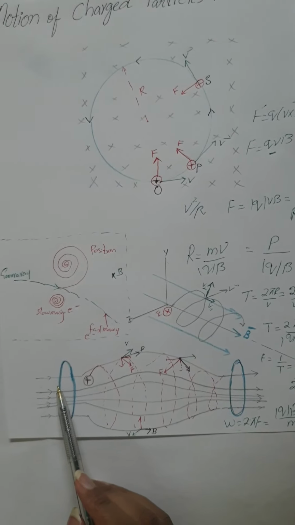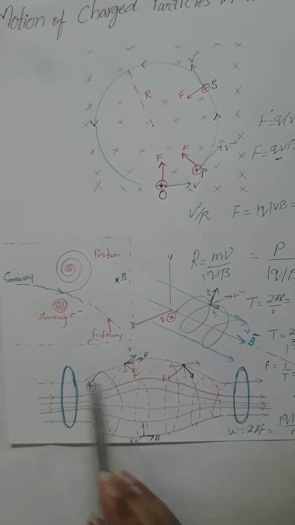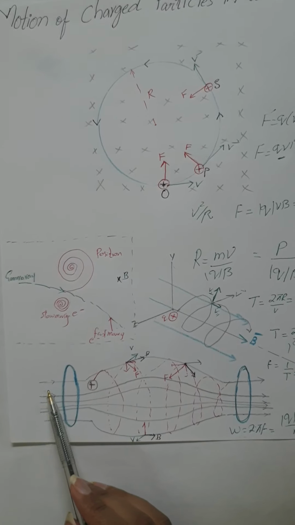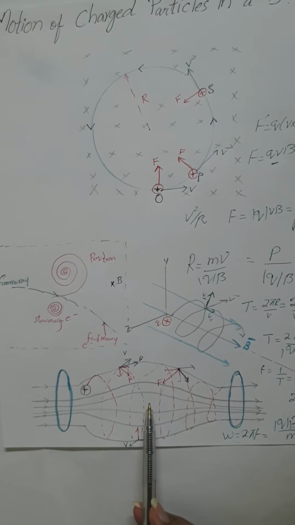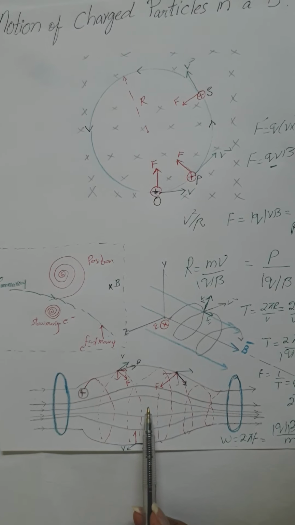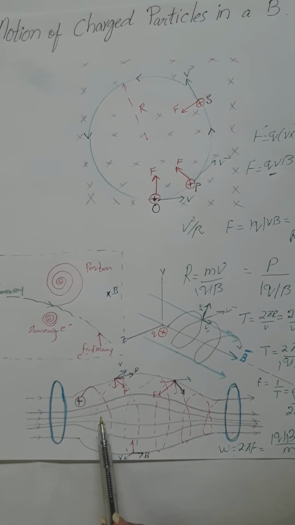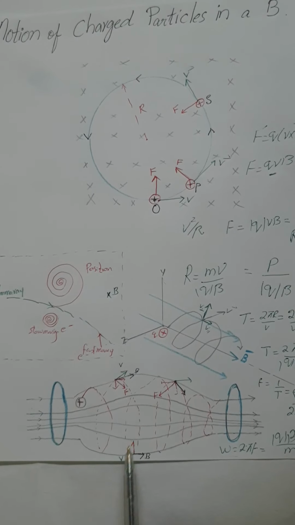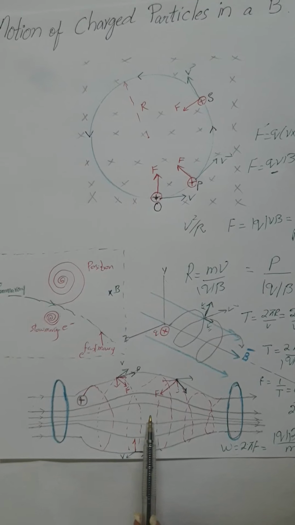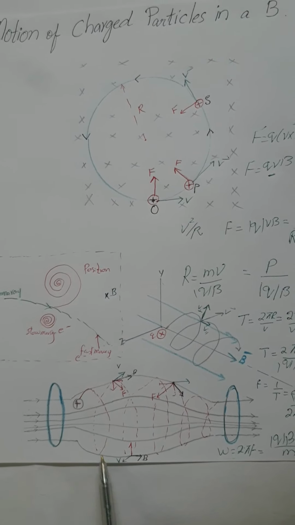A particle near either coil experiences a magnetic force towards the center of the region. Particles with appropriate speeds spiral repeatedly from one end of the region to the other and back.